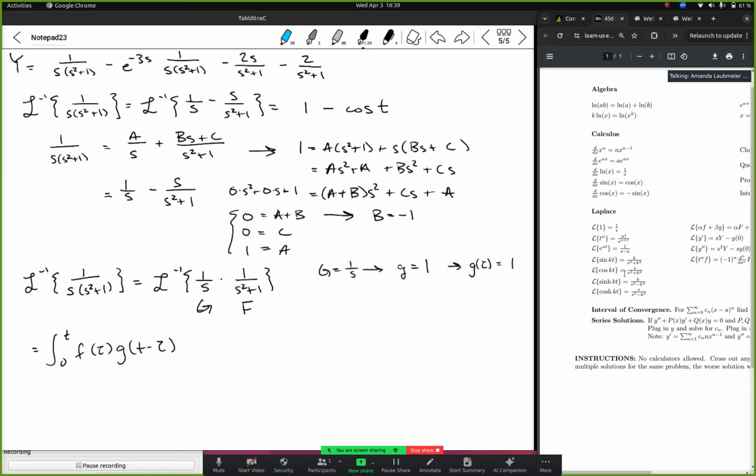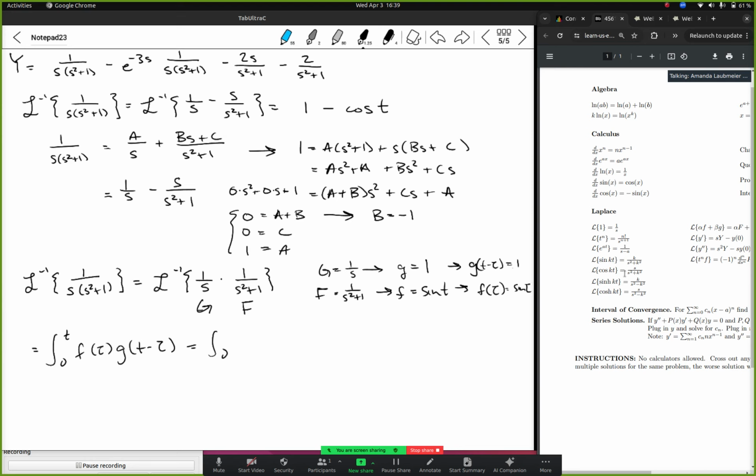And then f equal to 1 over s squared plus 1 means that little f is sine t. Sorry, that was g of t minus tau is 1, so f of tau is sine tau.